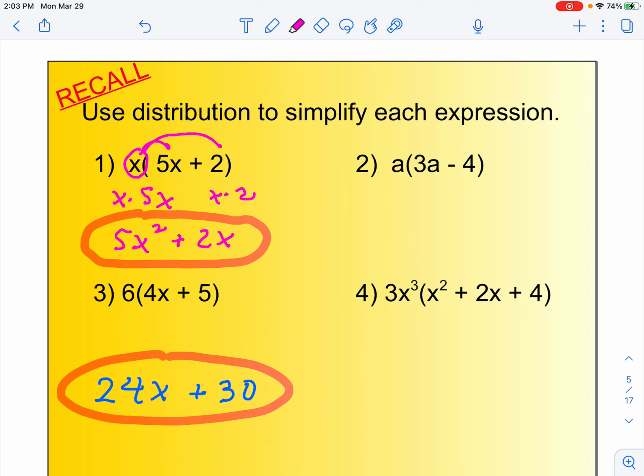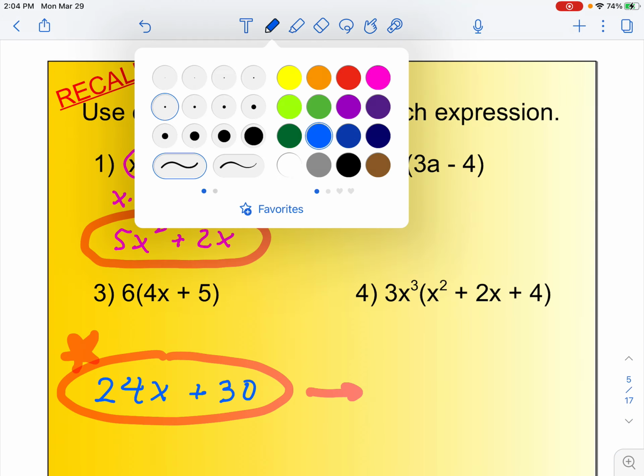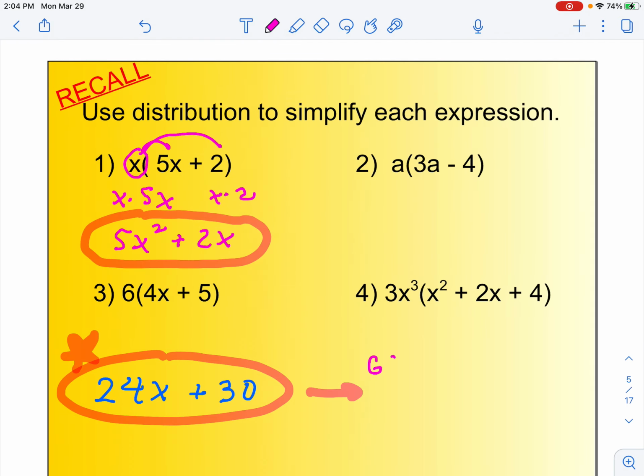But I wanted to show you this because what we are going to be doing today is we are going to start with this and we are going to find the greatest common factor between these two terms. And we are going to factor that out and then divide each term by that greatest common factor.